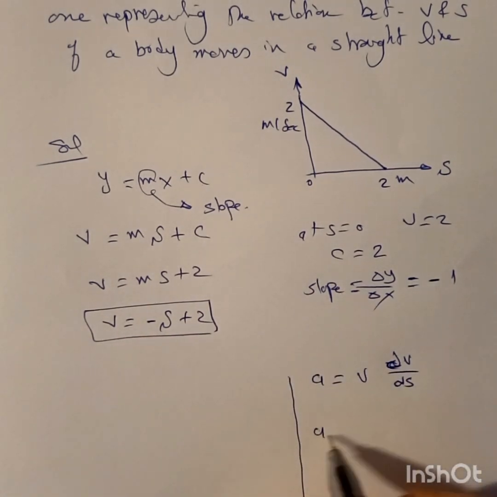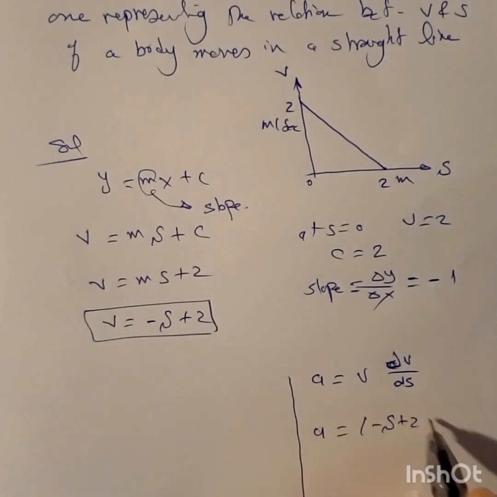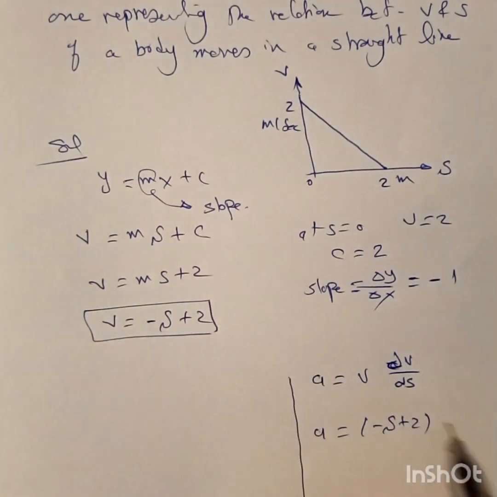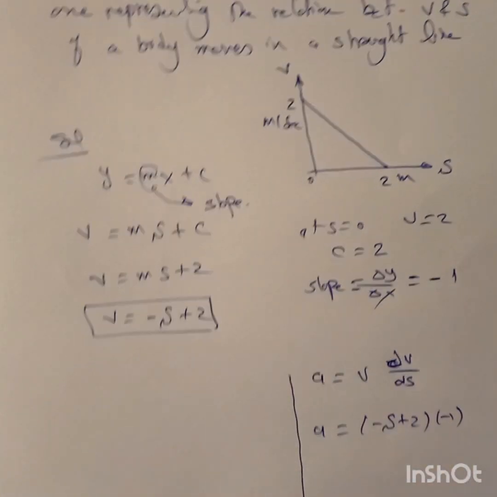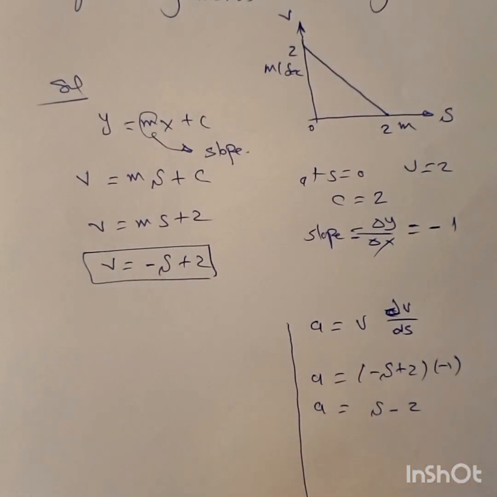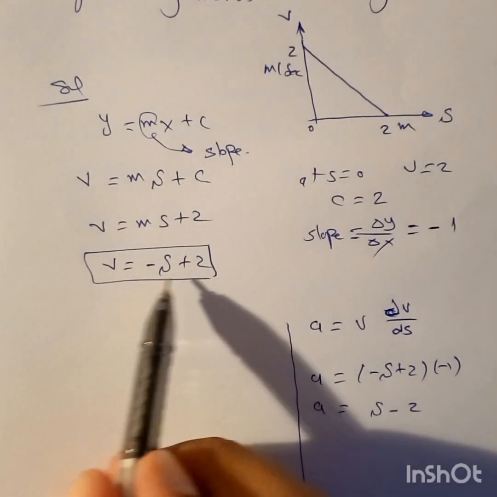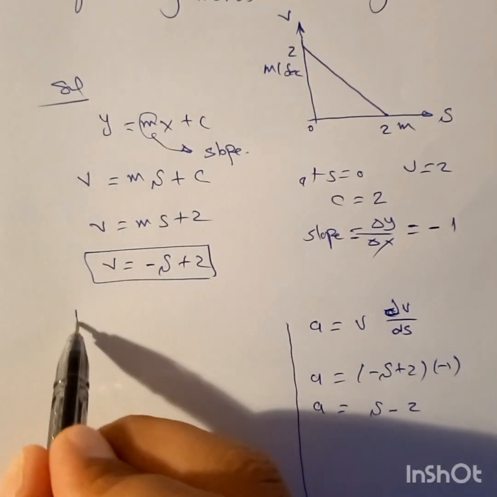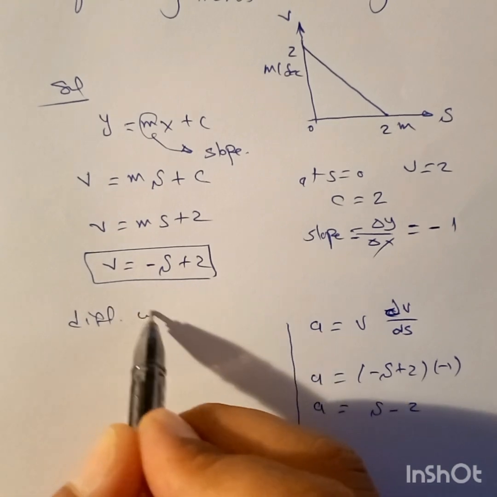Then we have acceleration equals negative s plus 2, and dv/ds equals negative 1. Then acceleration equals s minus 2.